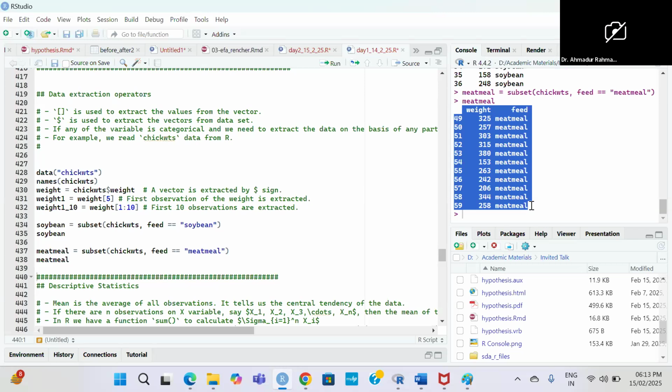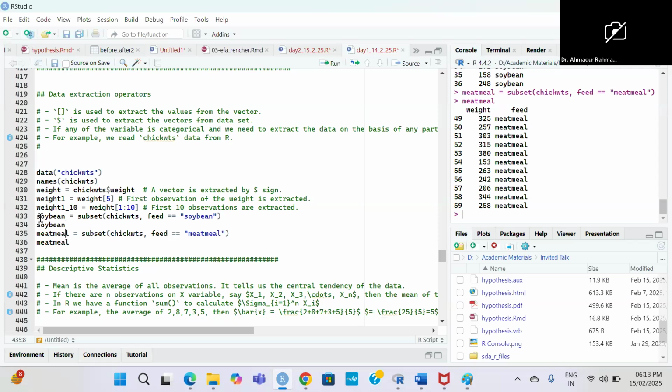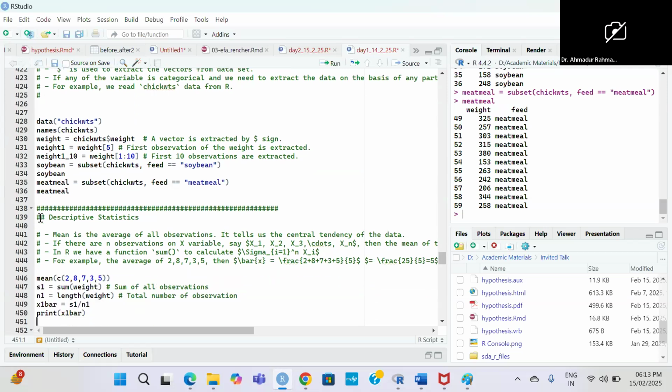Okay, so there are three methods we have used to extract the data from a data set. One is square bracket, second is dollar, and third one is subset. Then descriptive statistics: we can use mean, median, mode, anything. We can also use R like a calculator.